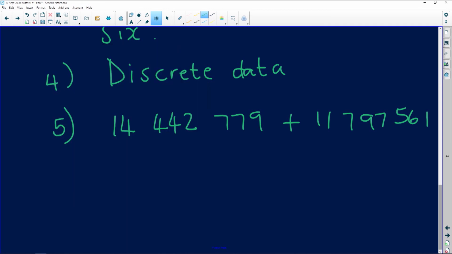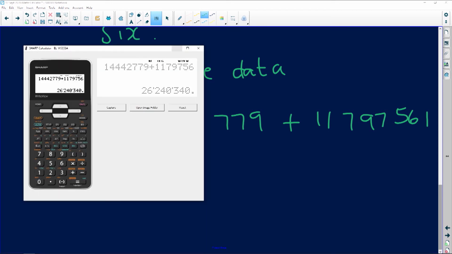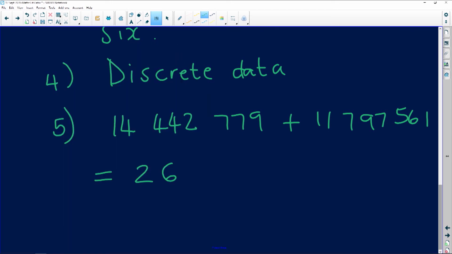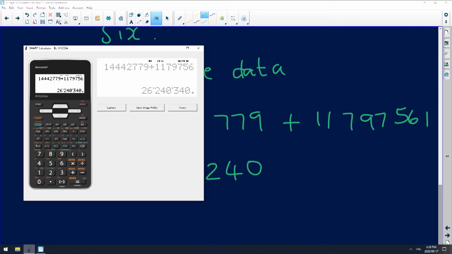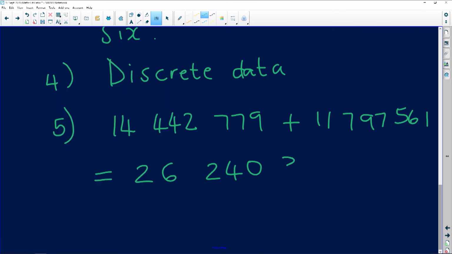I write that in portions. 26 million, I forgot that, 240,340. That is going to be the total of people.